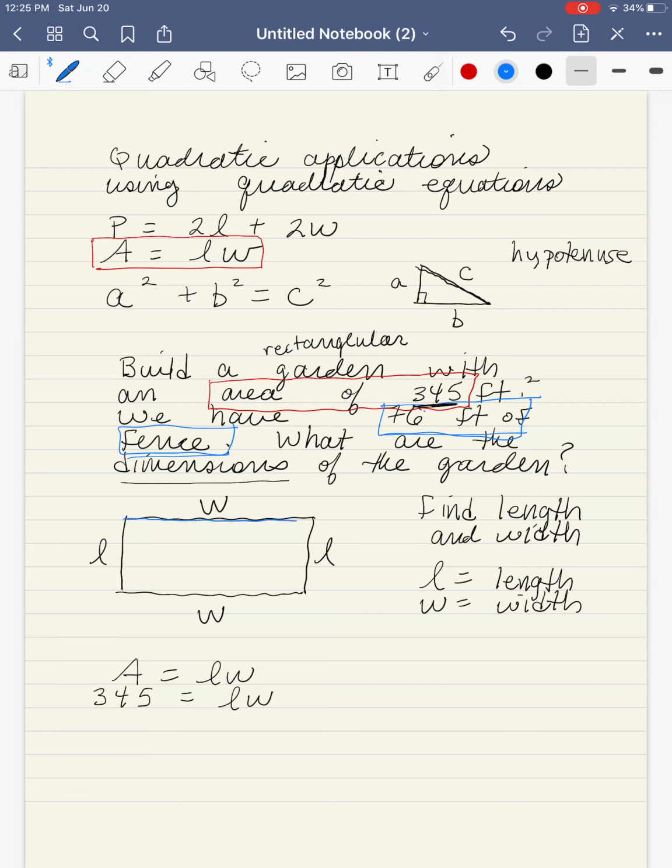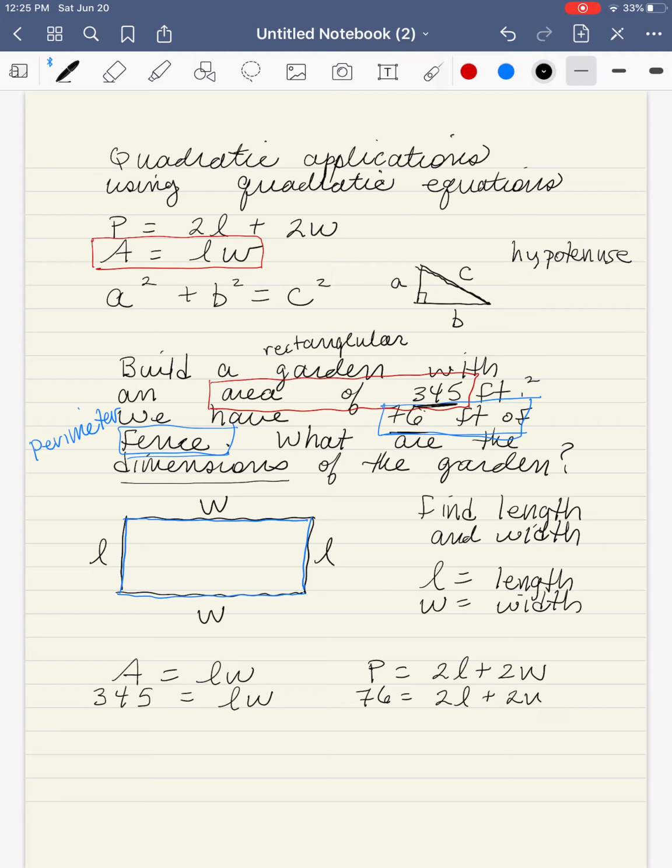Then I'm going to use my other piece of information, 76 feet of fencing. The fencing just runs around the edge here, so that amount of fencing is the perimeter. We have a formula for perimeter, 2L plus 2W.